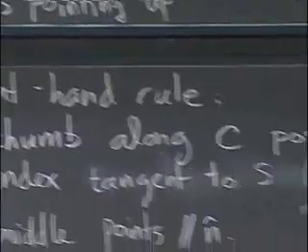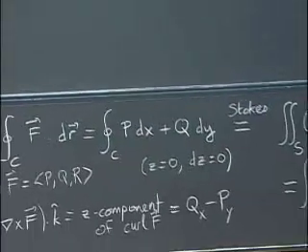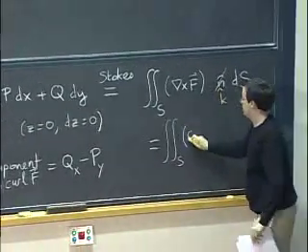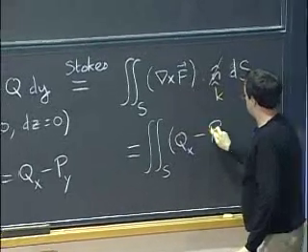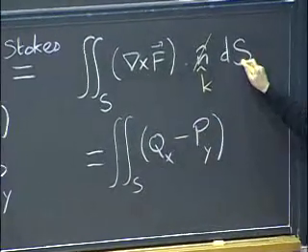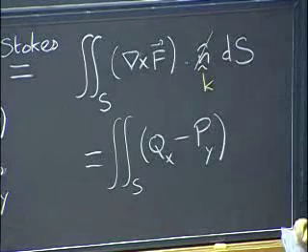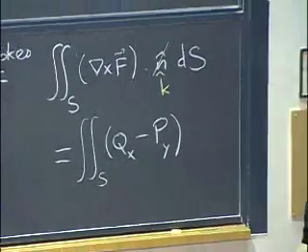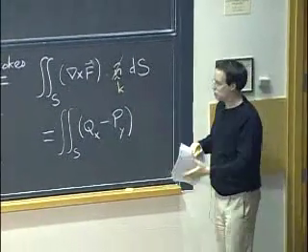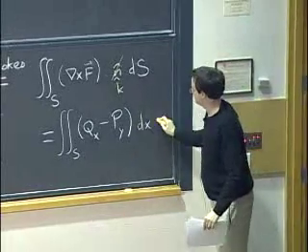Okay, so my double integral becomes the double integral of q sub x minus p sub y. What about dS? Well, I'm on a piece of the xy plane, so dS is just dx dy, or your favorite combination that does the same thing.